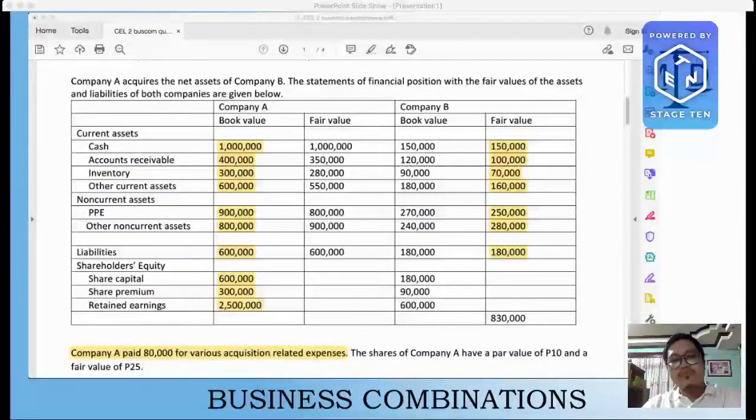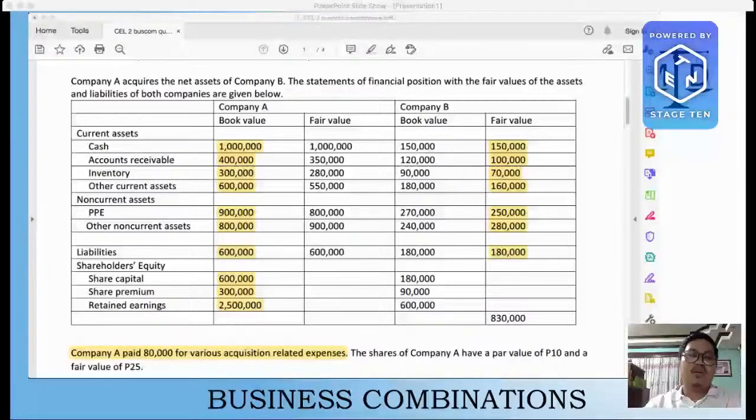Okay? And aside from being asked for goodwill or gain on acquisition, the other questions that could be asked for asset acquisition problems would be for the amounts that would be reported in the financial statements of the surviving entity immediately after the combination.